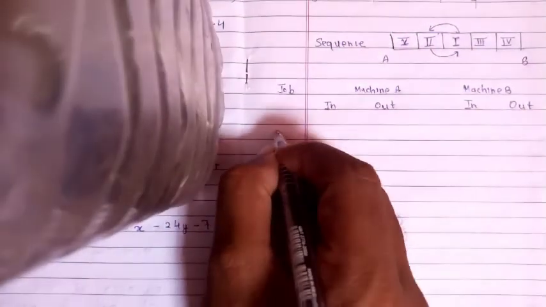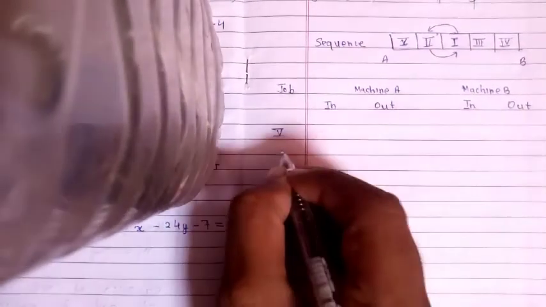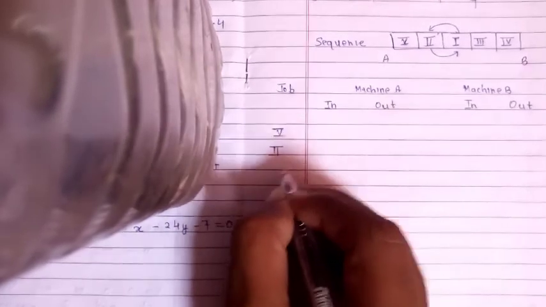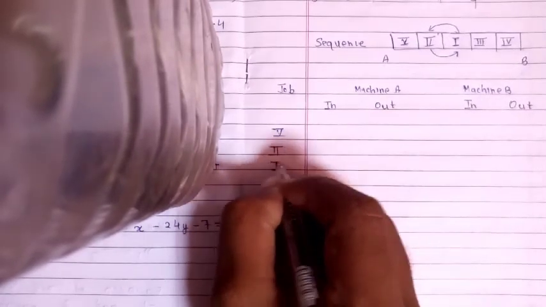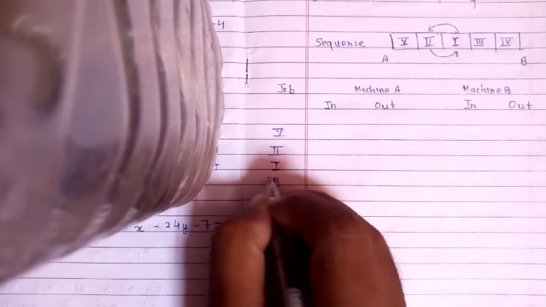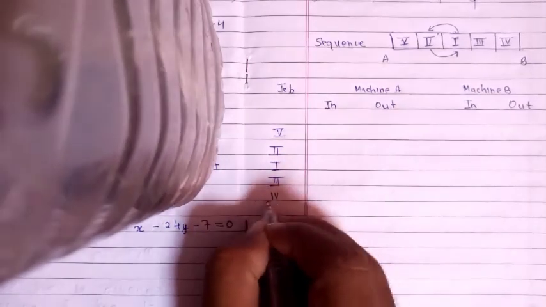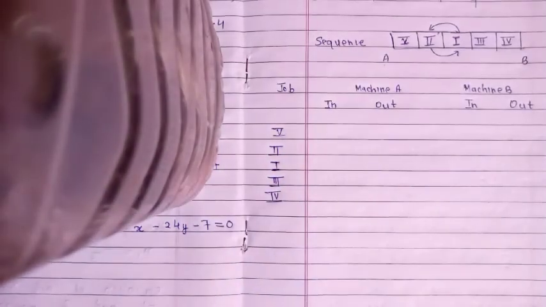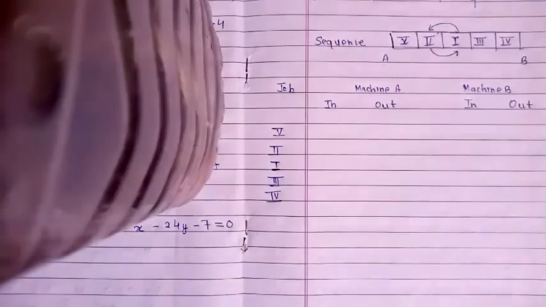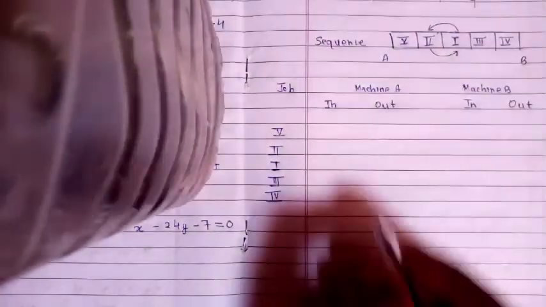Now we'll consider the first sequence. So we have job 5 first, then job 2, then job 1, then job 3, then job 4. Now we'll make the in and out columns.